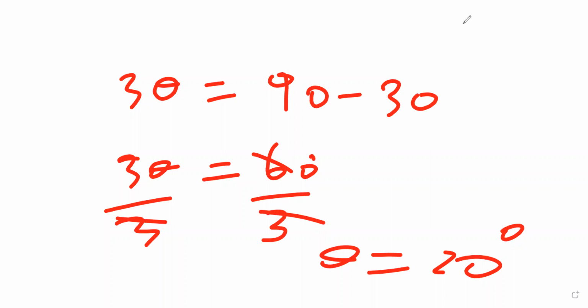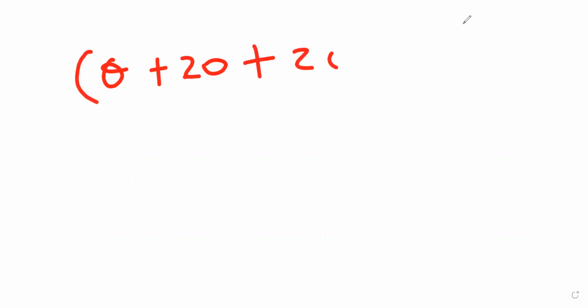We could see if, when we add everything, it gives us 90 degrees. We had theta plus 20 degrees plus 2 theta plus 10. I should prove that these two add up to 90 degrees.